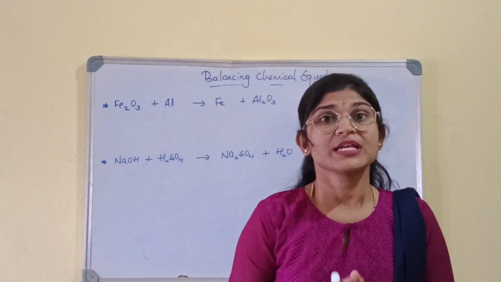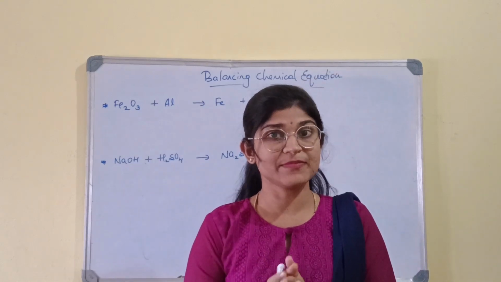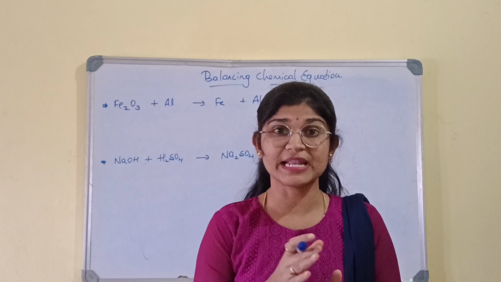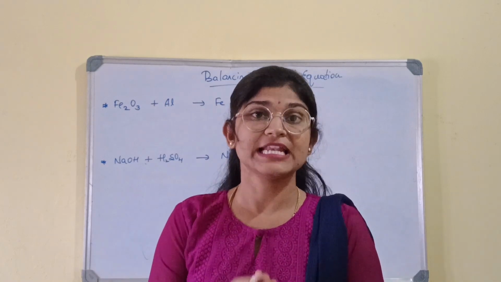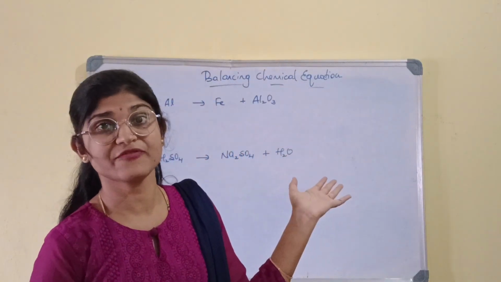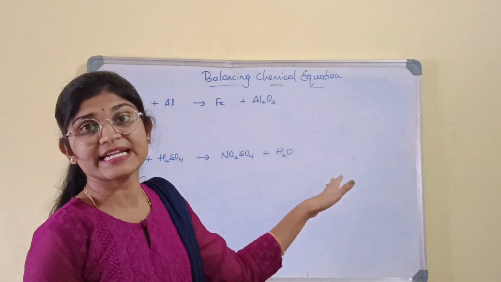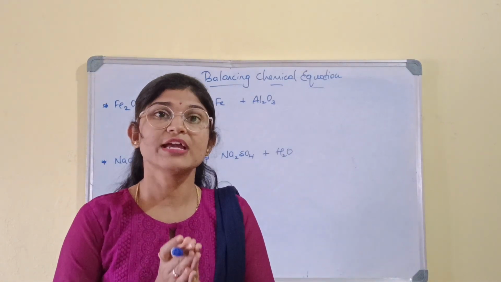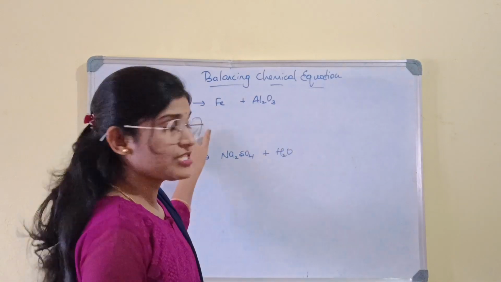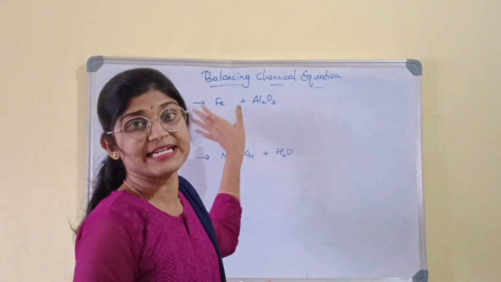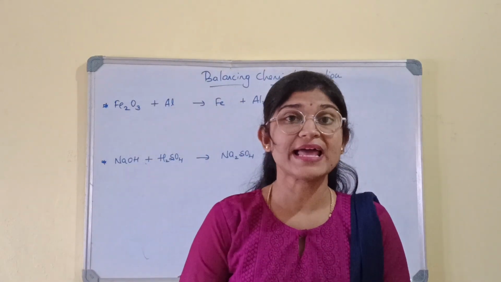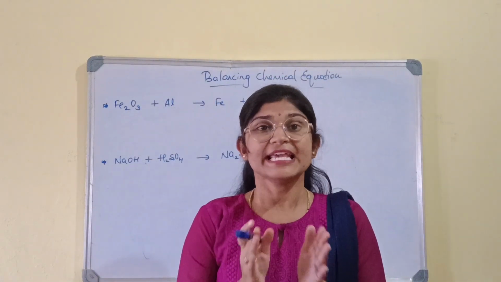It states that the number of atoms of each element present in a chemical equation on both sides, reactant side and product side, should be equal. The number of atoms of an element in the RHS and LHS, that is reactant and product side, should be equal. This is the major thing to balance the unbalanced chemical equation.